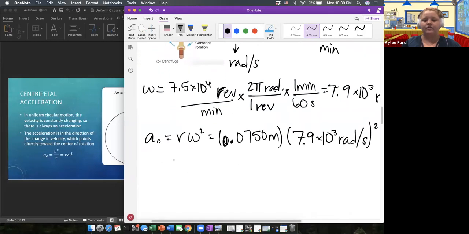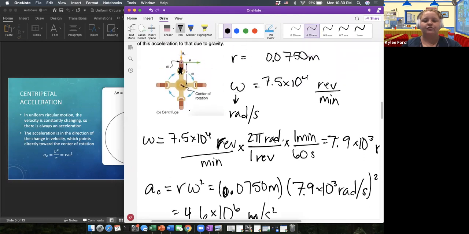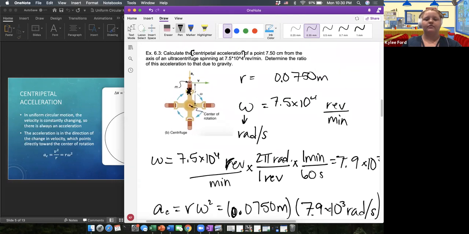So this number is squared times 0.075. That gives me 4.6 times 10 to the 6 meters per second squared. So this is my centripetal acceleration of this centrifuge, or ultracentrifuge as it says.